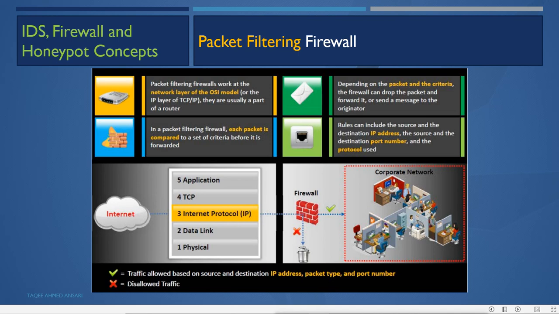So rules can include the source and destination IP addresses, the source and destination port numbers, and the protocol used. So this packet filtering firewall can only see these three things.